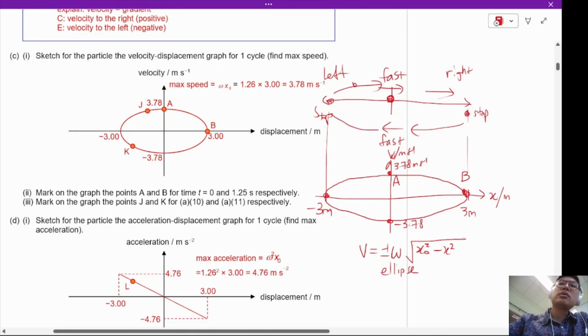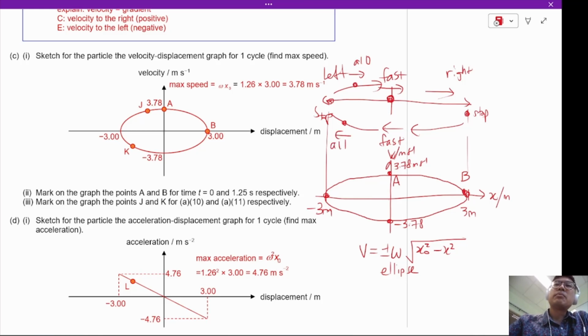This is going to be A10, and this one is going to be A11. All right, so that means that A10 will probably be somewhere around here. Okay, this is A10 or J. And this is probably going to be A11. A11 is K. Okay, all right, so this is how the object will move left and right.